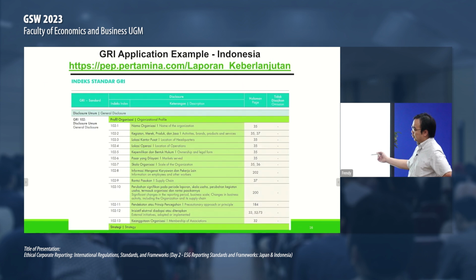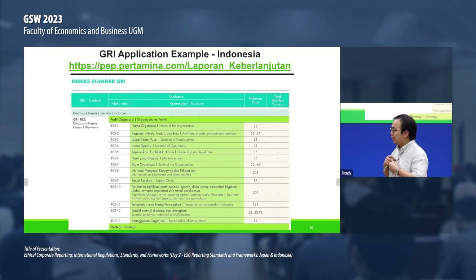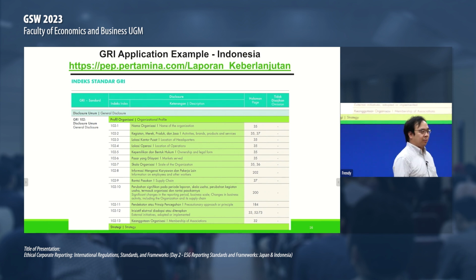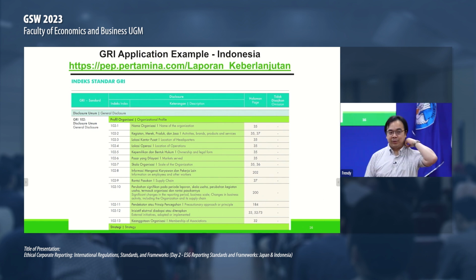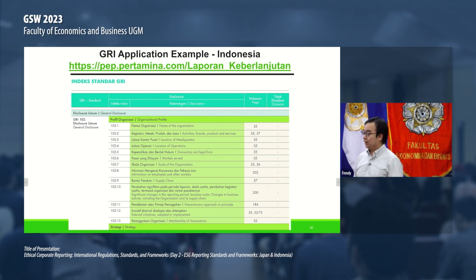Then if you go to this one, it provides the same information. So this is the clear benefit of the GRI standards. By using this index page, investors or readers of the report can easily compare and refer to the same information, even compare two different companies in two different industries.